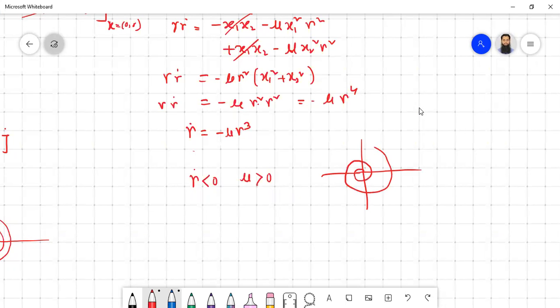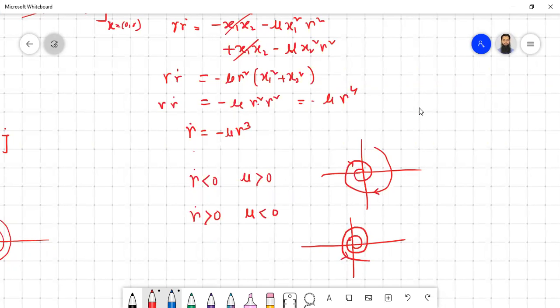Something like this, the trajectory will always be going to the equilibrium point. r dot is always reducing. But if the mu value is negative, then r dot becomes positive, and you will have an unstable focus, something like this.